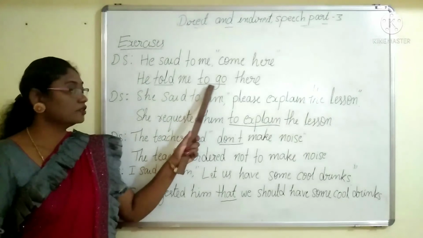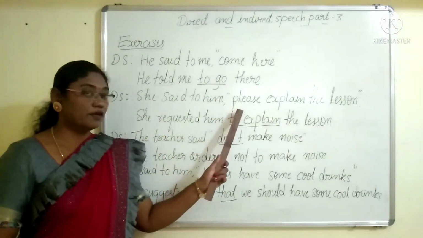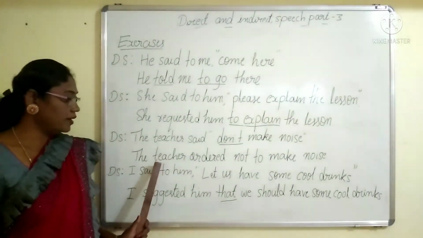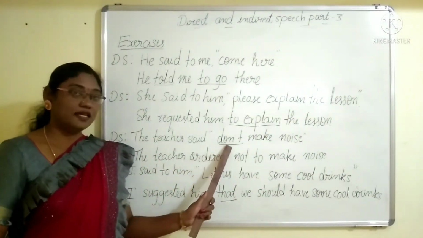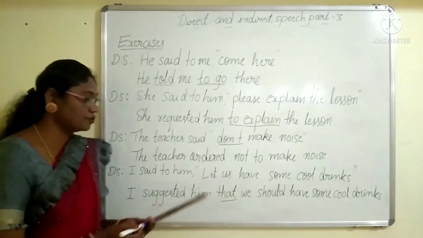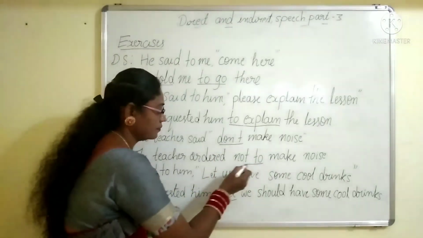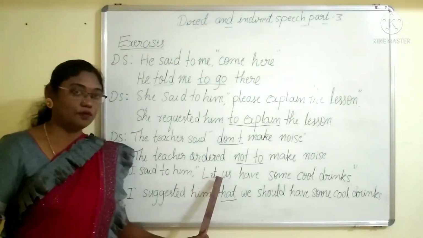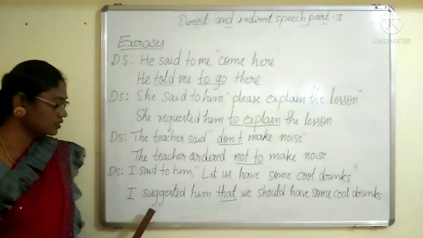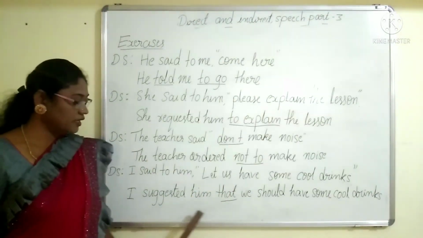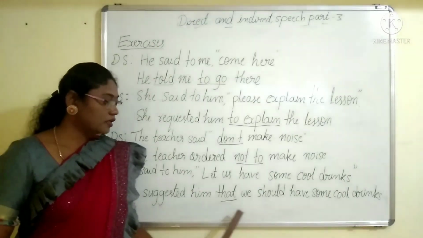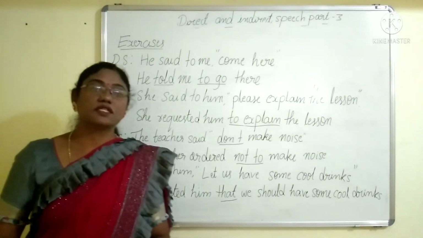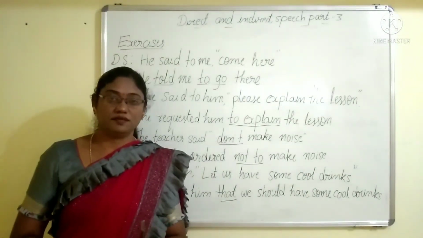I used infinitive to go. This is a request. I used infinitive to explain. And this is an order. Okay. And this is a negative sentence, so I used not to here. Then this is the sentence with the word let. So in such sentences I used the reporting verb suggested, and I added that, and should is used. So in this way we can change imperative sentences into indirect speech.